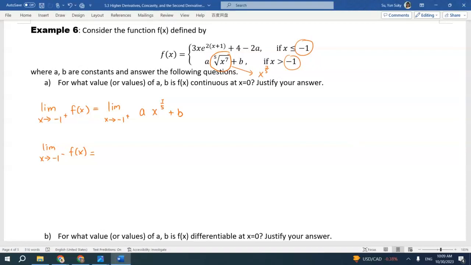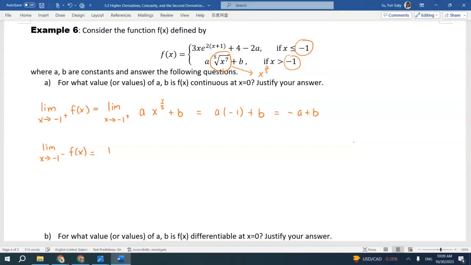And we plug in x is -1. What's -1 to the 7th? -1. And the fifth root of -1 is also -1, right? So we have a times -1 plus b. So this is -a plus b.